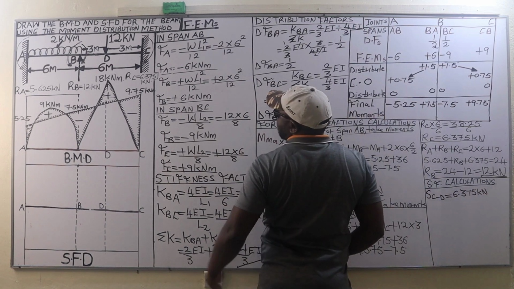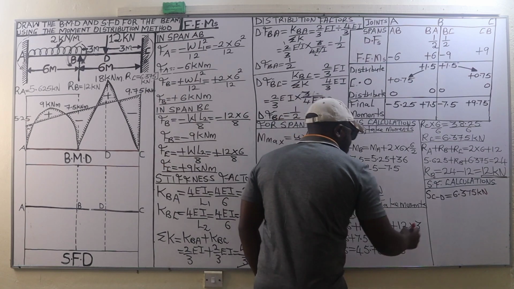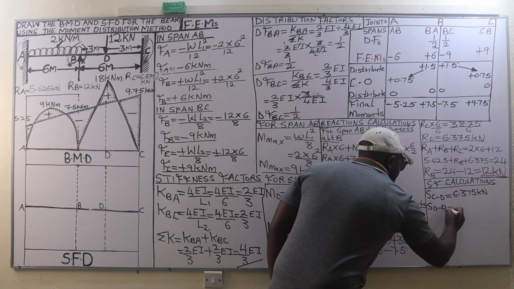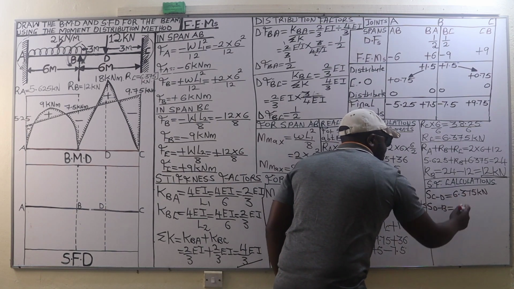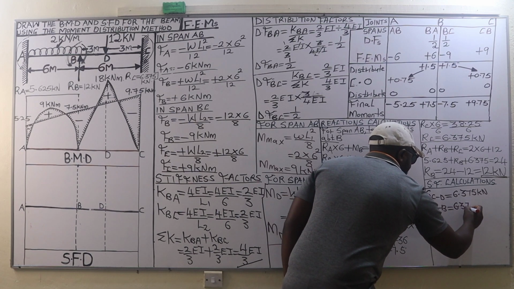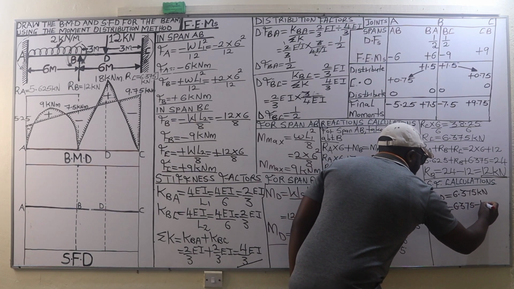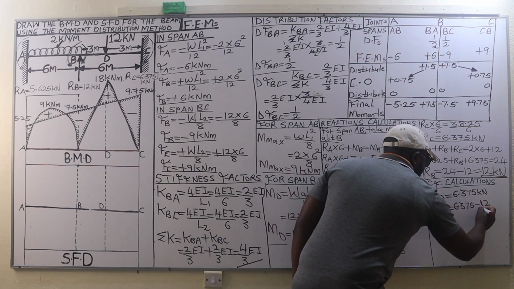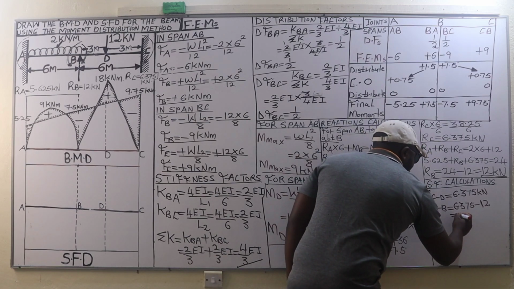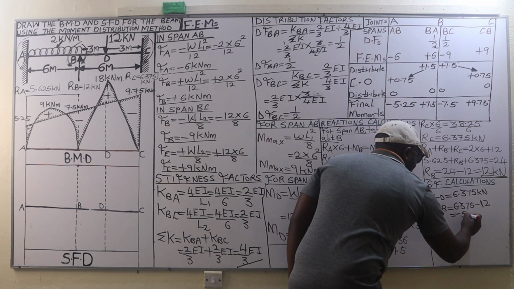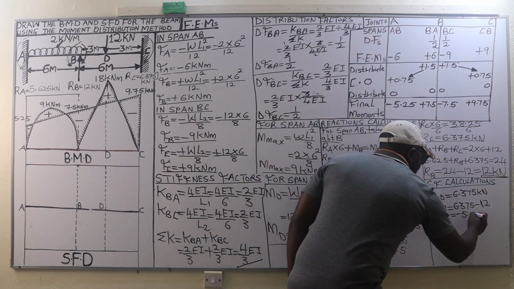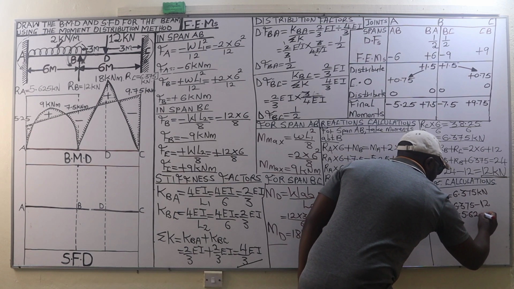Then from there you go to shear force between D and B. That's going to be 6.375 minus the point load at D, which is 12, and that is going to give us a shear force of negative 5.625 kilonewtons.